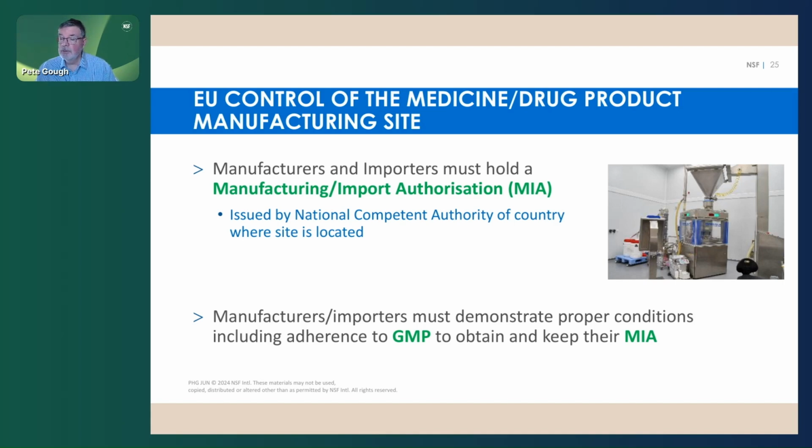You do not apply for them centrally to the EMA. And in order to get one and maintain one, you have to show adherence with what's called good manufacturing practice, and that includes the requirement for quality systems, and you are inspected typically every 2 to 3 years by the national competent authority, up front before you get given it for the first time, and then every 2 to 3 years in order to maintain it. And you get given a GMP compliance certificate.